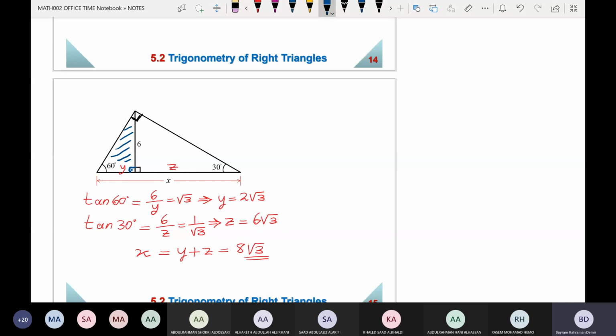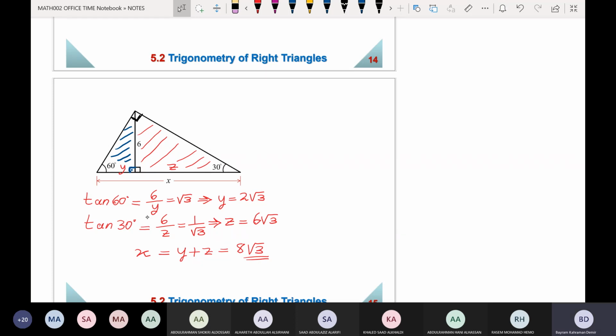Now let me use a different color. Come to this triangle. It is also a right triangle, so let's use tangent 30. Tangent 30 is 6 over z, which should equal 1 over root 3, because tangent 30 is 1 over root 3.